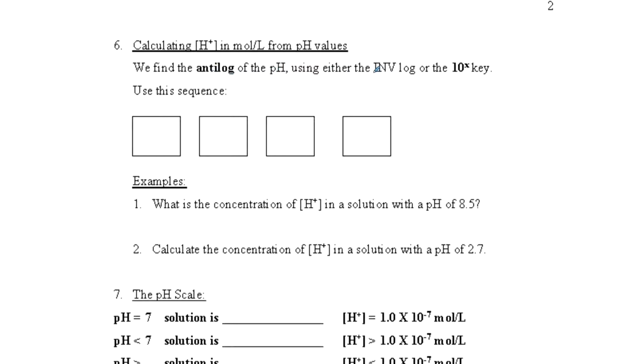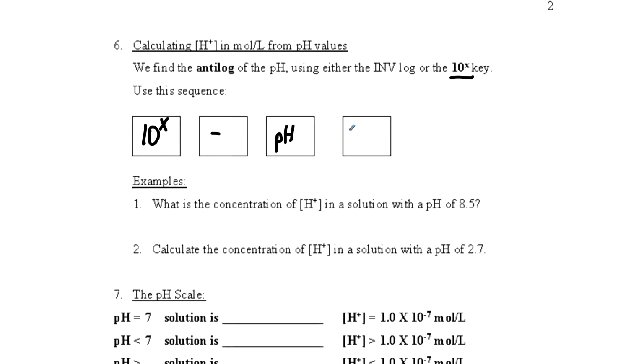So you can either do inverse log, like your second function or your inverse key, or the 10 to the power of x key. So I think this is the route that I'm going to show you, and you should all have a button that looks like that, 10 to the power of x, on your scientific calculator. So you would use this sequence, the 10 to the power of x, and then negative and whatever the pH value is.